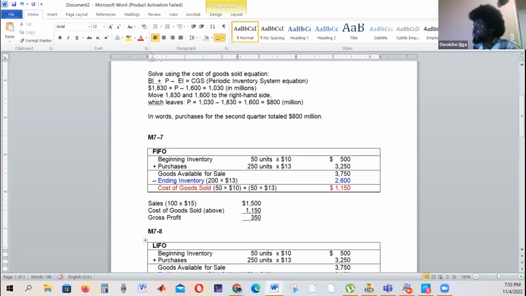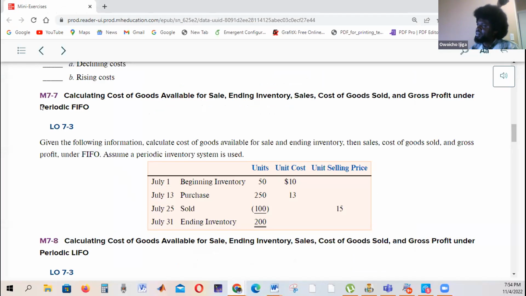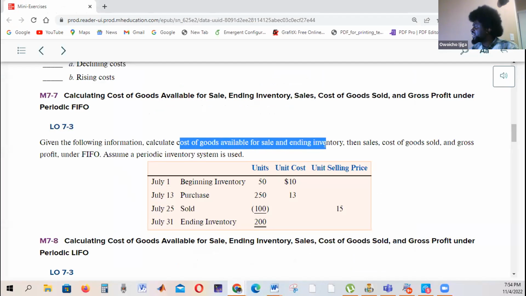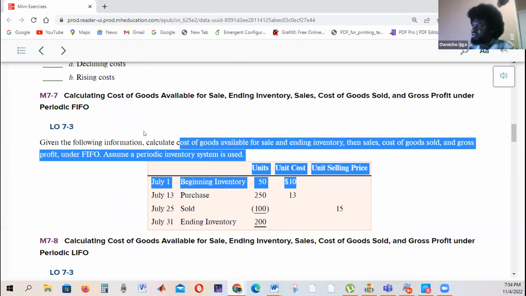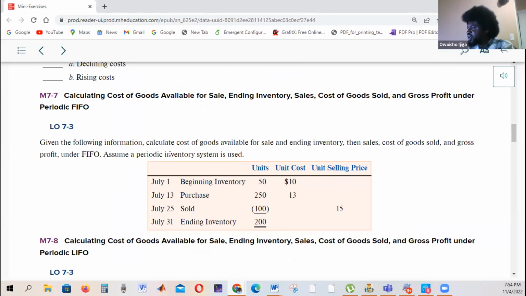Okay. So let's look at the question again. Given the following information, calculate the cost of goods available for sale and ending inventory, then sales, then cost of goods sold, and then the gross profit under the FIFO, assuming a periodic inventory system is used.